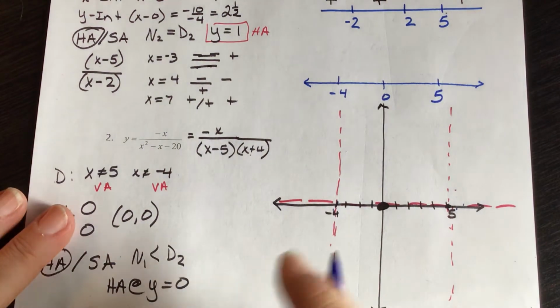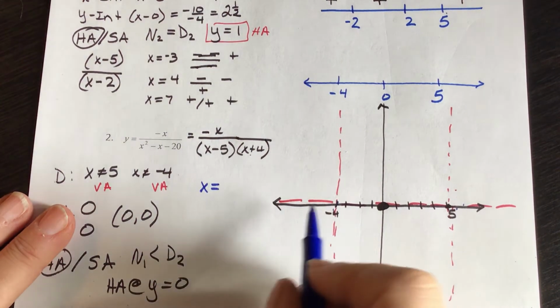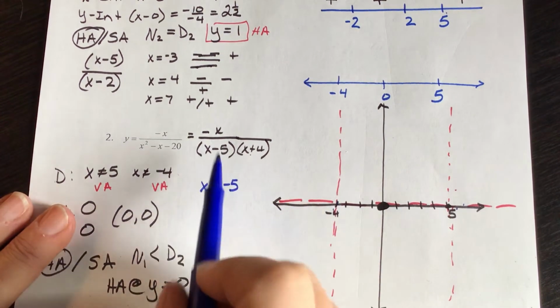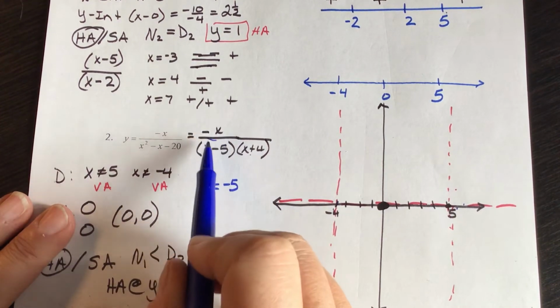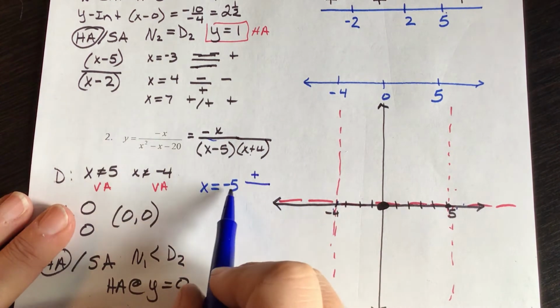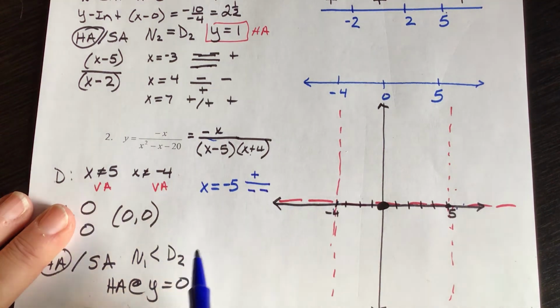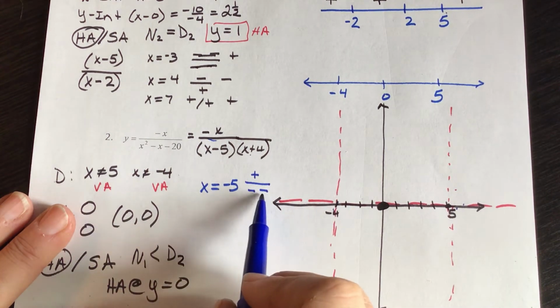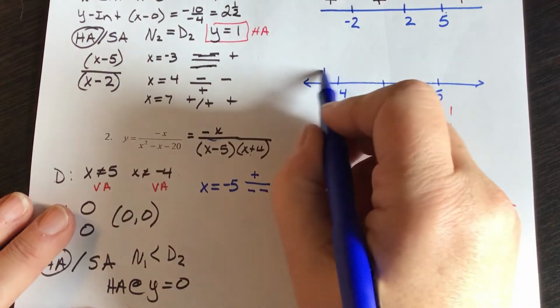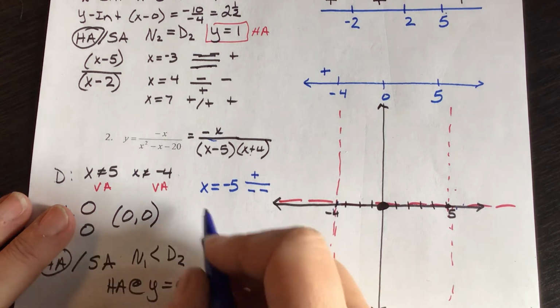All right, so to the left of -4, if x equals -5. When I put that into my equation, the opposite of -5 is +5. -5 minus 5 is negative, and +4 is negative. So the two negatives on bottom make it positive. So I have a positive value left of -4.